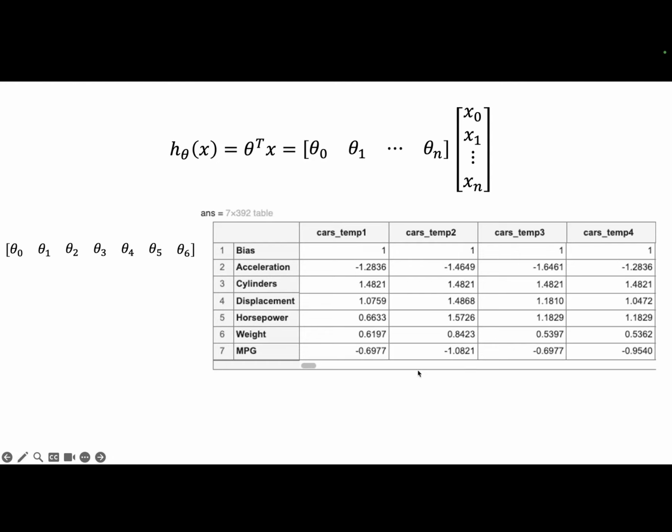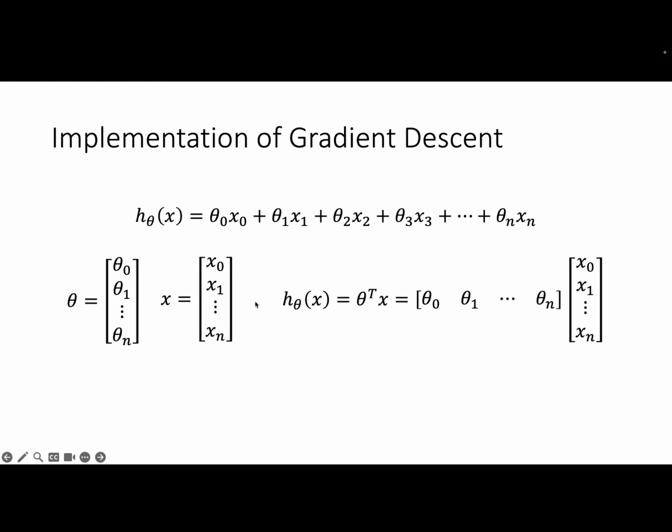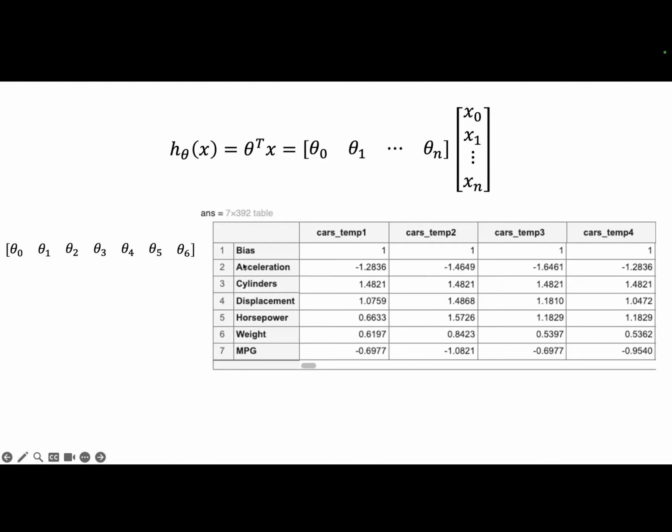Now, kung napansin ninyo, essentially, tinranspose din natin yung x natin. Kasi kanina, yung x nakaganito, di ba? Bias, acceleration, cylinders, displacement, horsepower, weight, mpg. Okay, so na-transpose din siya kasi nandito na sa row yung bias, acceleration, cylinders, displacement, horsepower, weight. Tapos ito ngayon yung dating rows, ito na yung naging columns.